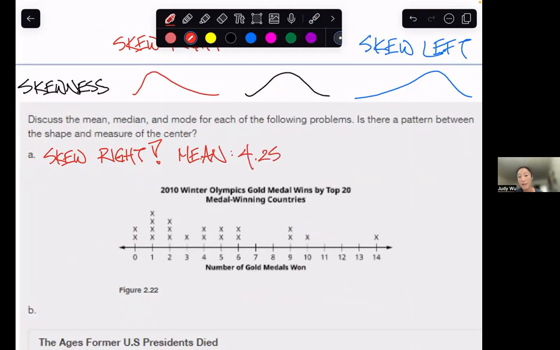All right, so if we added them all up together and divided, we would get 4.2. But if we line them all up in order and then found sort of the middle of that, which we call the median, right? The median turns out that that was 3. Okay.